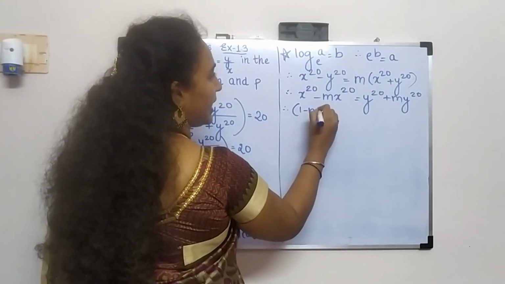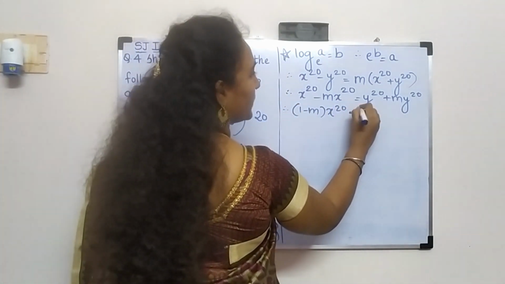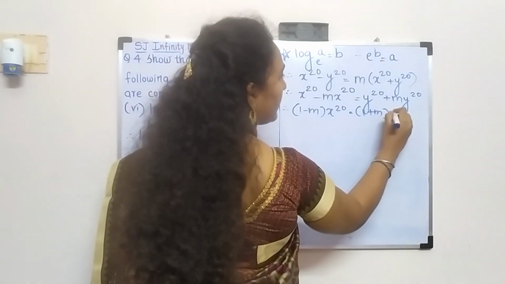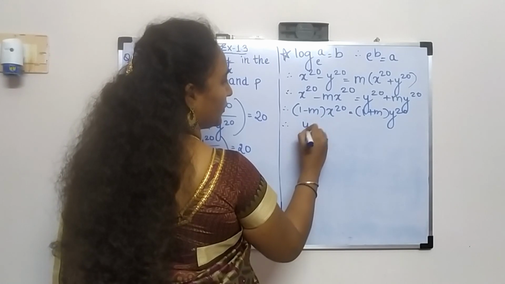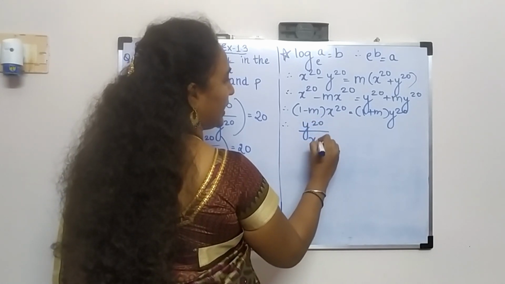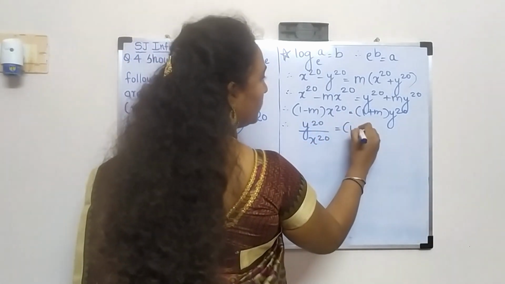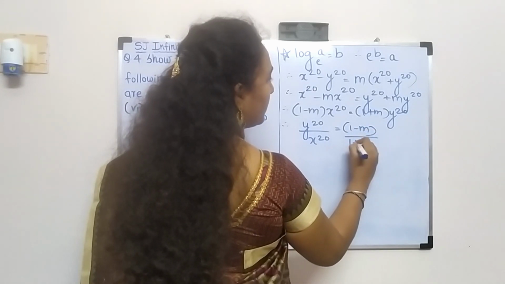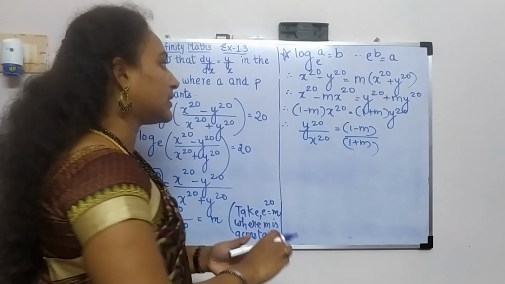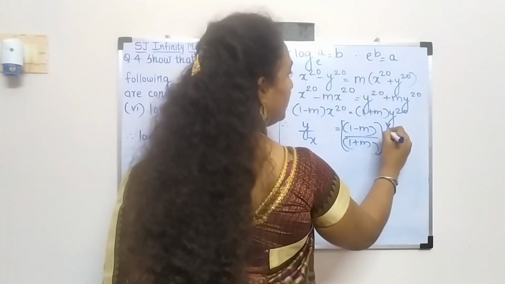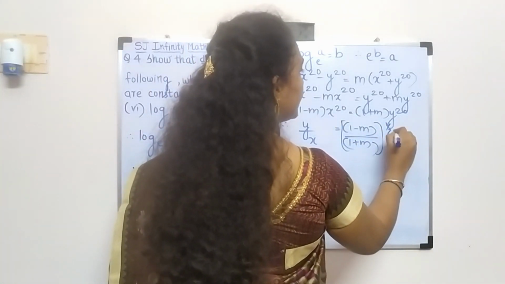Therefore, 1 minus m times x raised to 20 is equal to 1 plus m times y raised to 20. Therefore, we have y raised to 20 upon x raised to 20 is equal to 1 minus m upon 1 plus m. This 20 can be taken over there, 1 upon 20. I am considering this as m.